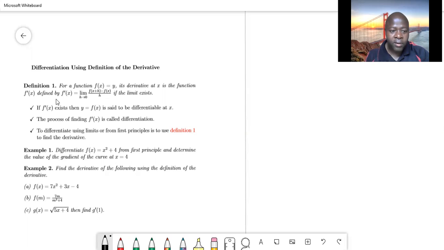So this is the definition of the derivative of the function f of x. If that limit exists, then the derivative would be given by this.